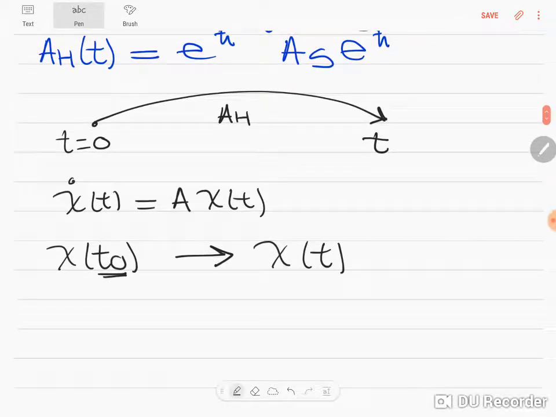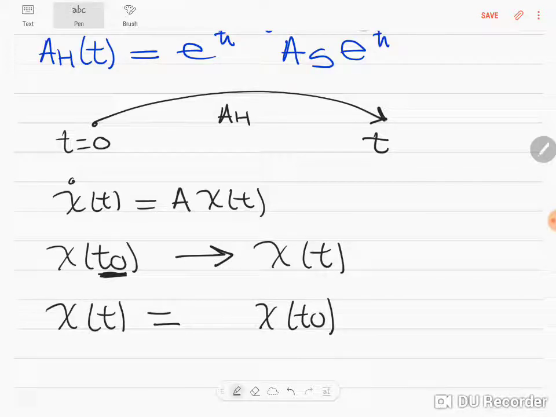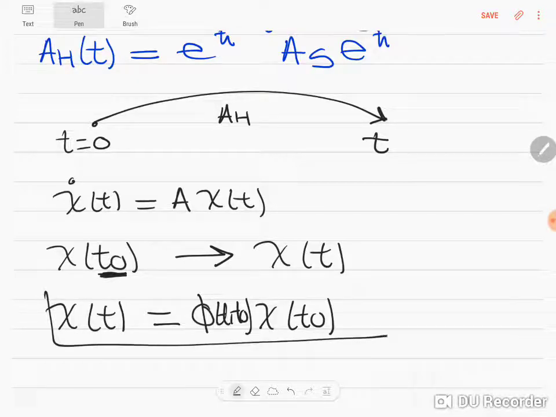And when you do that, you just need a transformation which in system dynamics is called the transition matrix, that will relate x of t and x of t0. So that matrix will tell you in which way your state goes from t0 to t. That means that that matrix contains information about the dynamics of your system, about velocities, about for instance how long your system takes to reach an equilibrium point. This matrix is usually represented by phi of t comma t0, and this is just a transition from t0 to t.